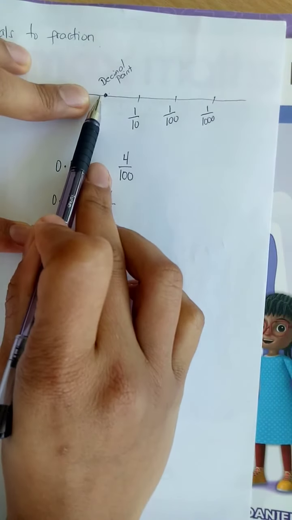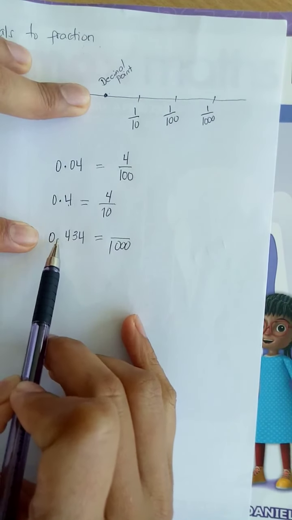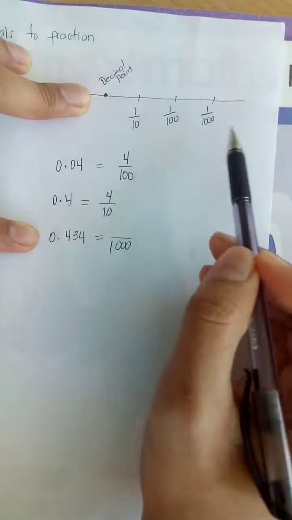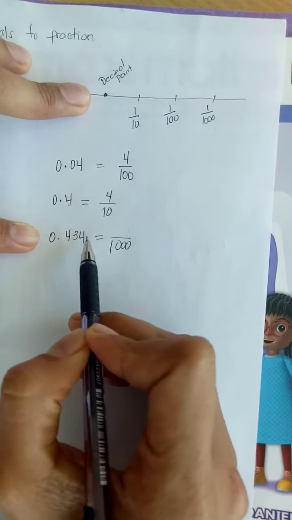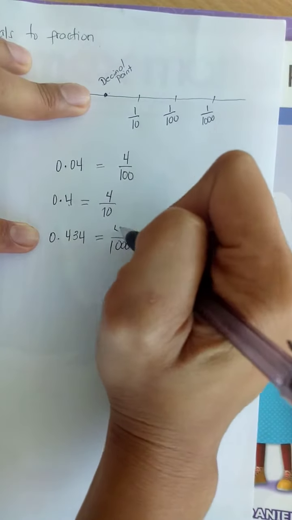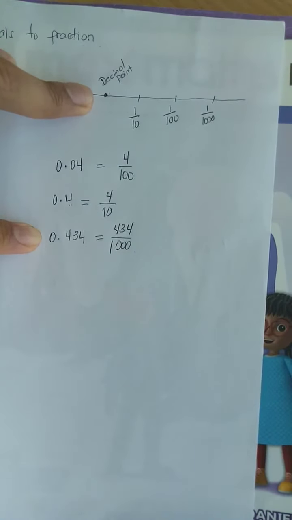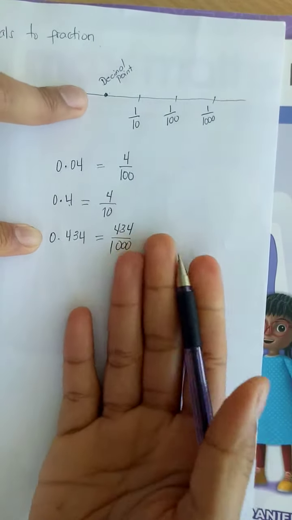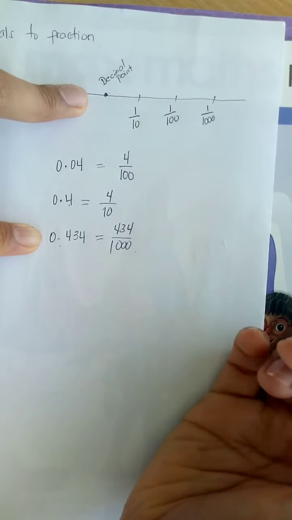It's the same if you use the number line. 3 digits from the decimal point, so 1, 2, 3. It's also thousandths. So for the numerator, you just copy this number, 434/1000. Okay, simple as that. That's how you convert your decimals to a fraction.